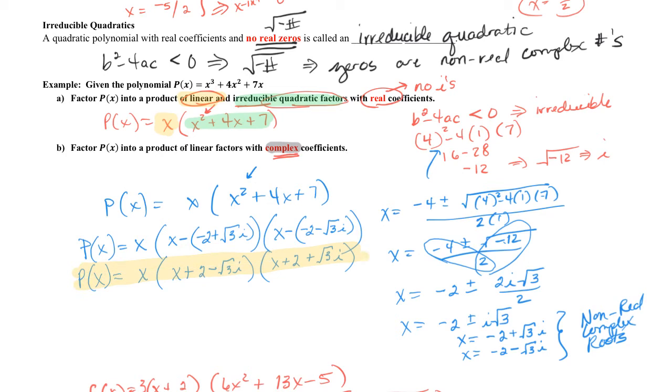Okay, so that's it. So that is factored into a product of linear factors. Everything is first degree. This is first degree, first degree, first degree. But I had to allow you to use complex coefficients, which means I had to allow you to use i's. Okay, and in fact, we needed i's to be able to factor this into linear factors.